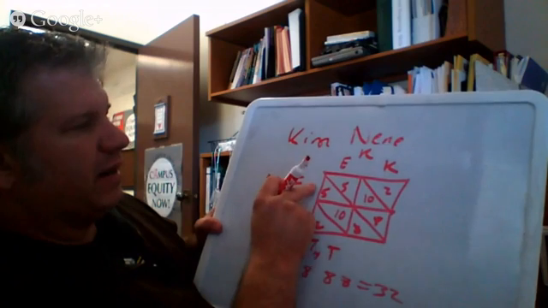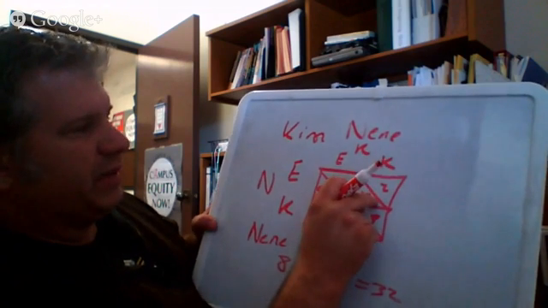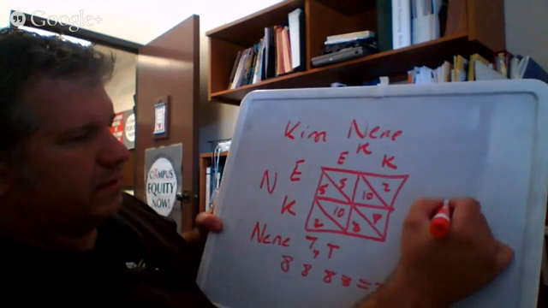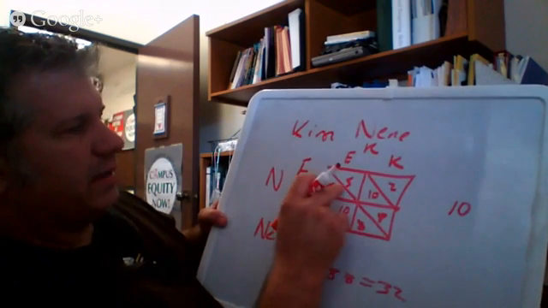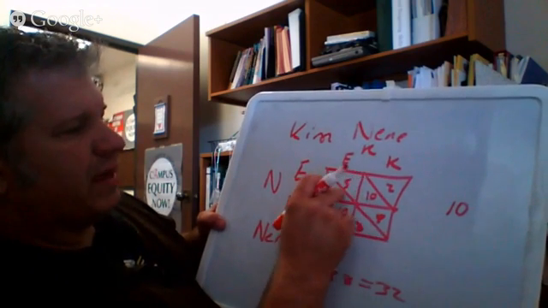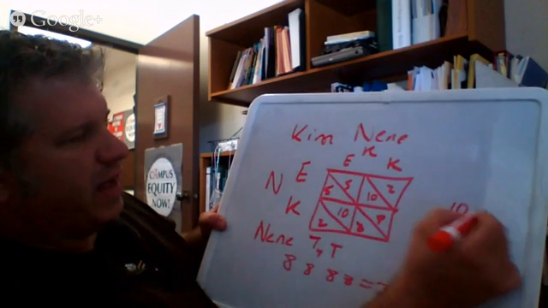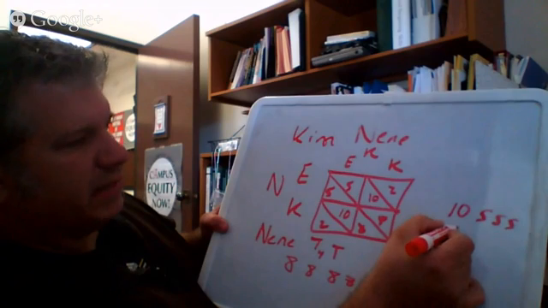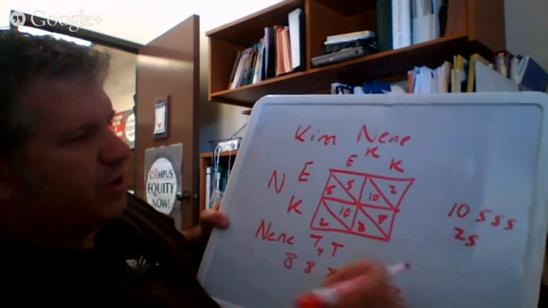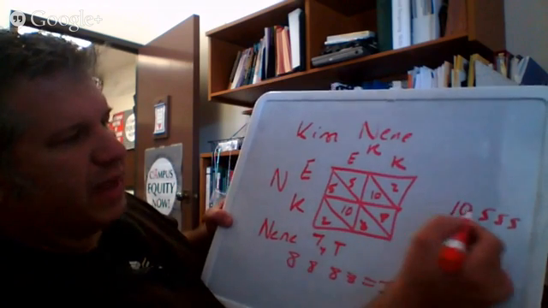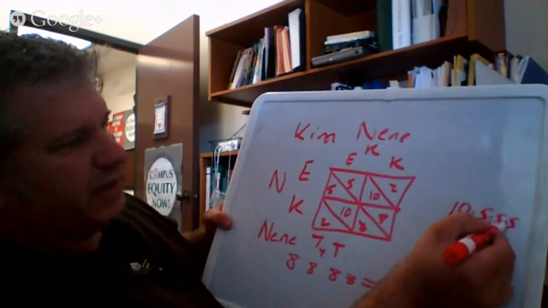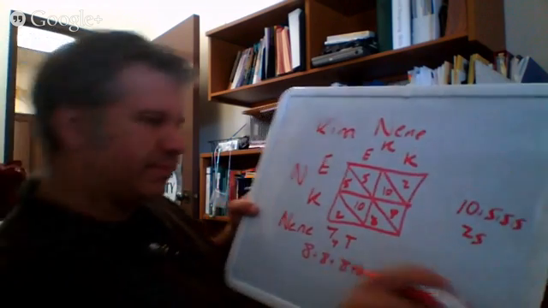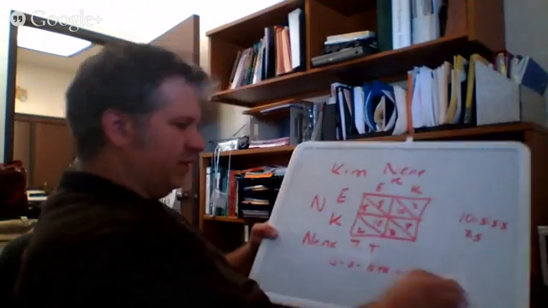So if we're here and Kim does tit for tat, which would be nice first, then it ends up being 10. Then Kim says, you screwed me, I'm going to screw you. So it goes back to 5, 5, 5, which ends up being 25. We go on down the line and we just play each of the rounds and we add up the outcomes. And that's how we get that one. And I'll let you guys do the rest of those on your own.